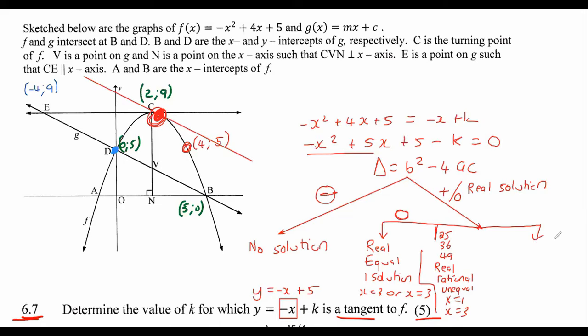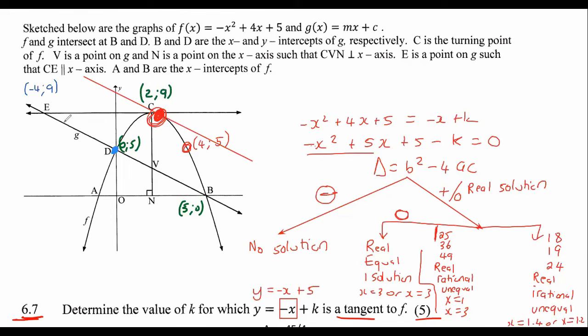Then if you get any other number like 18, 19, 24, then you're going to start getting ugly answers like decimal answers. Then we call it real, irrational, and also unequal. So that would be like x equals 1.4 or x equals 1.2, for example, okay?